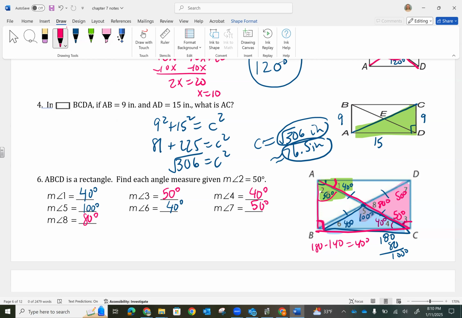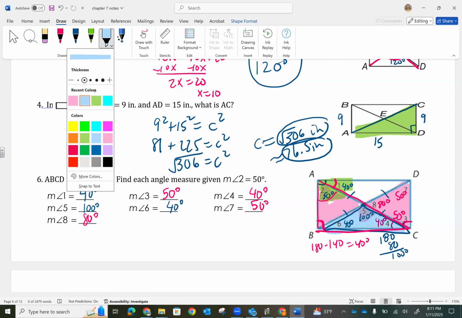So as we're doing rectangles, knowing that the diagonals are congruent and that the angles are right will help us to notice that we have some isosceles triangles within there, okay? There are 2 pairs of isosceles triangles within every rectangle. The ones on the side will be congruent to each other. The pink ones and the top and the bottom will also be congruent to each other.